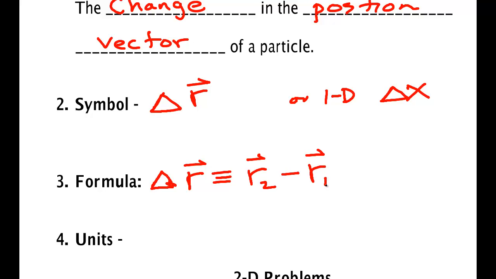Notice there's the r, the subscript 1 meaning the initial, and the subscript 2 meaning the final position. So find the final position vector, subtract the initial position vector, and that gives you the change in position vector, which is called the displacement. The units of the position vector are meters, so the change has the units of meters. So displacement vectors, units are meters.